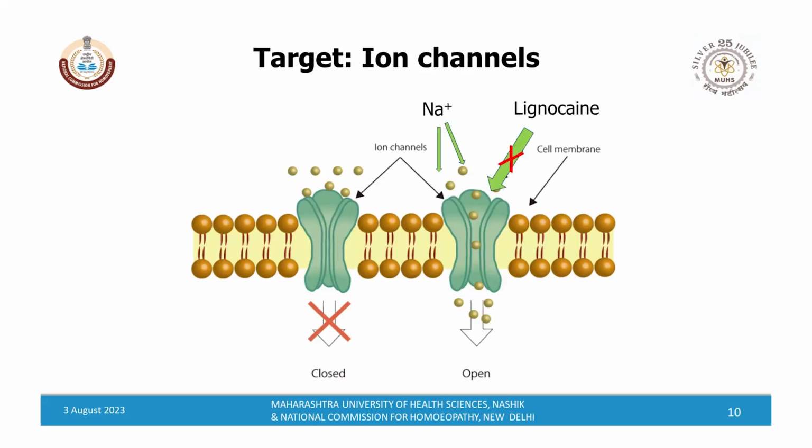The second important target is the ion channel. As you all know, ion channels are used by different ions in the body to move in and out of the cells. By this movement, the normal intracellular and extracellular ionic composition is maintained.